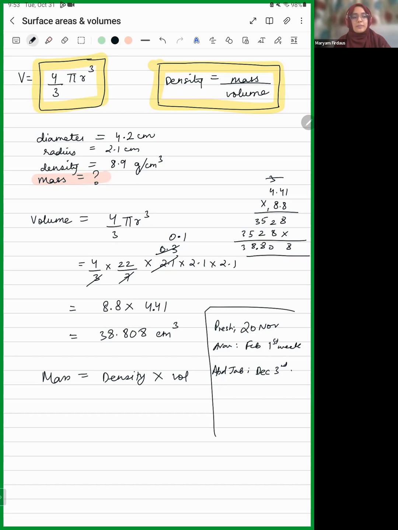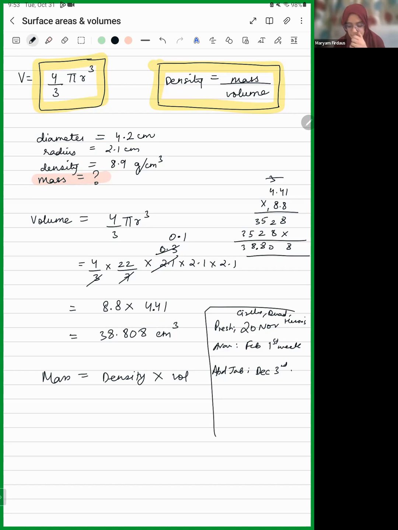Acha, Preshita, please tell me your syllabus for your upcoming test, which is on 20 November. Yes, ma'am. We have circles, quadrilaterals, and Heron's formula. No, we did not have Heron's formula in this test. Okay, fine.